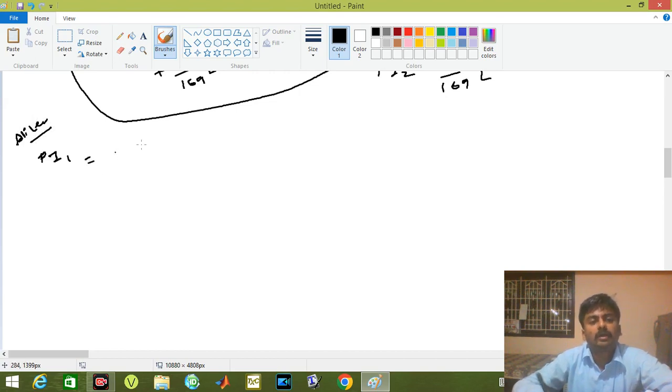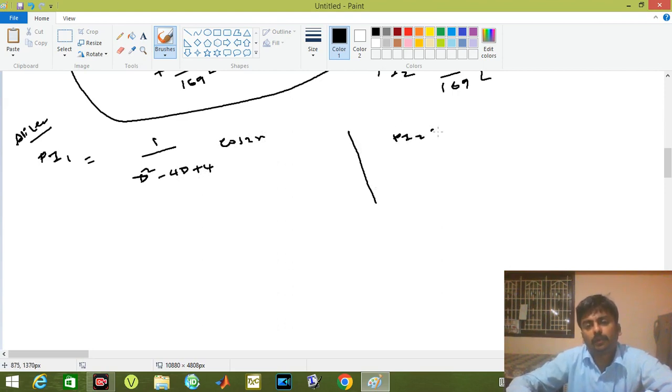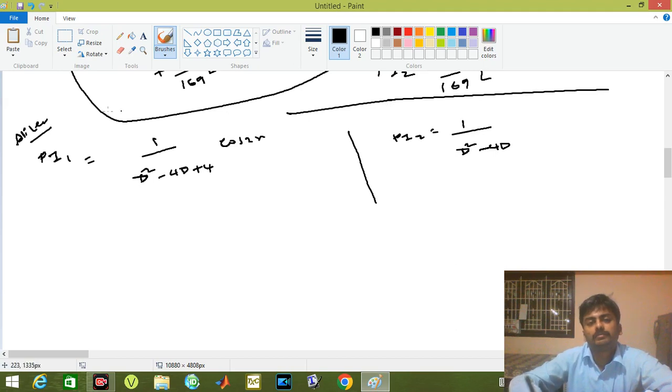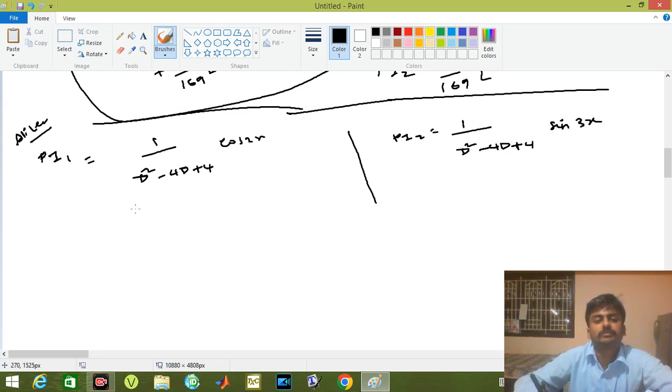PA1 equal to 1 by D square minus 4D plus 4 into cos 2x, and here PA2 equal to 1 by D square minus 4D plus 4 into sin 3x.